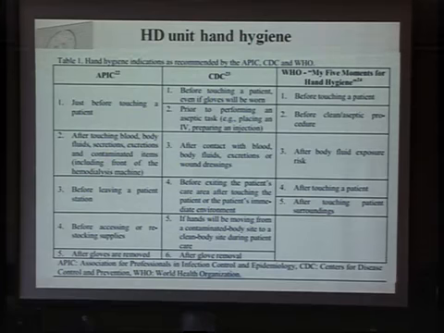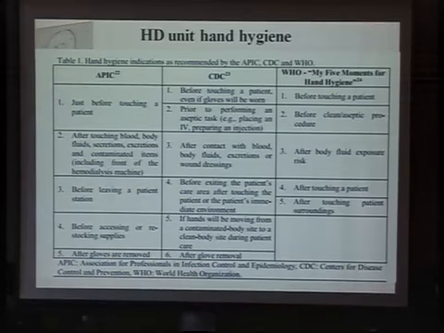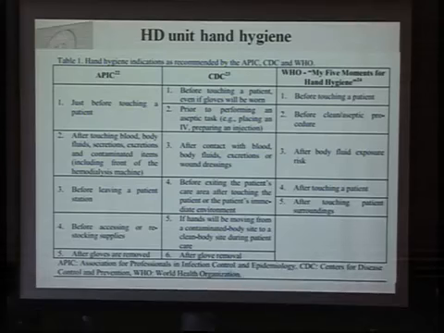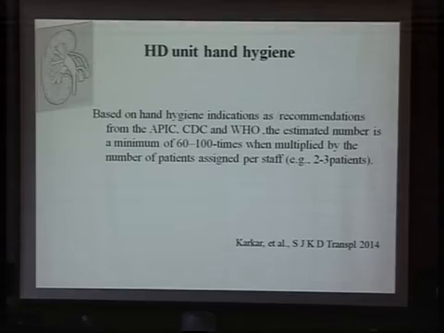There is a very nice publication, you will see in the next slide, that calculated that if we follow the EPIC or CDC schedule for patients in the hemodialysis unit, and wash our hands according to this schedule, then if you are caring for 2 to 3 patients, you will wash your hands from 60 to 100 times. It's a limitation. If you read this, it may make you lack confidence to wash your hands.